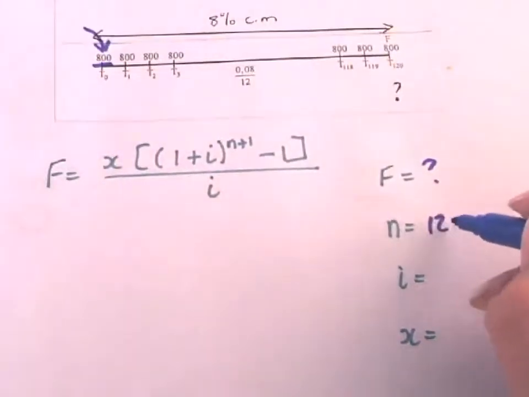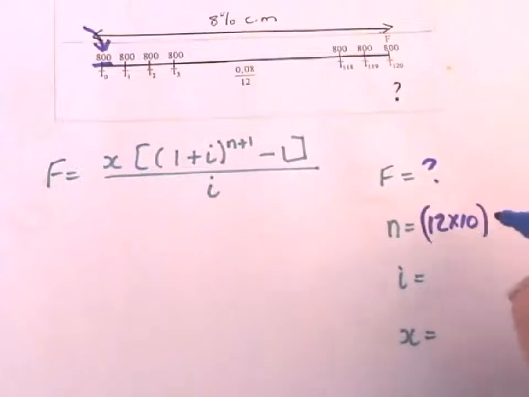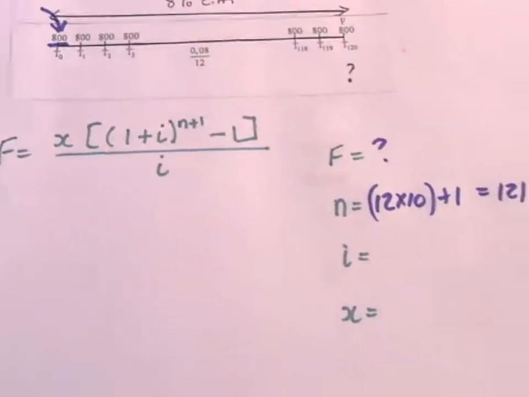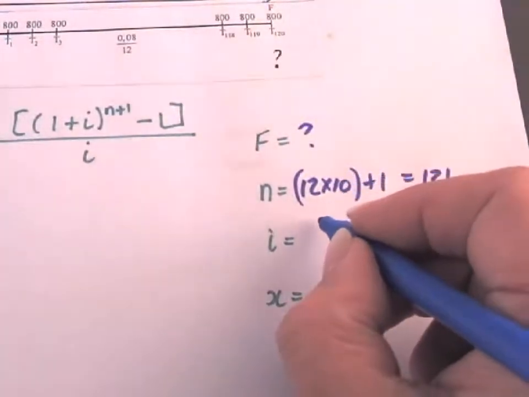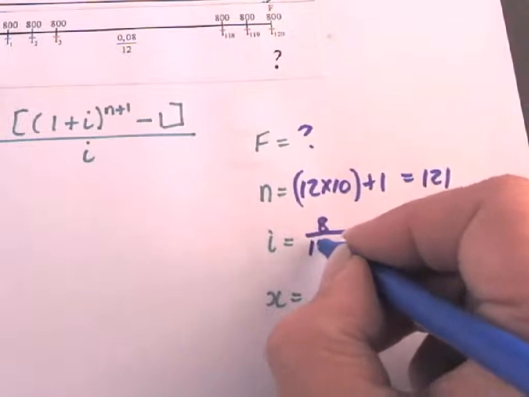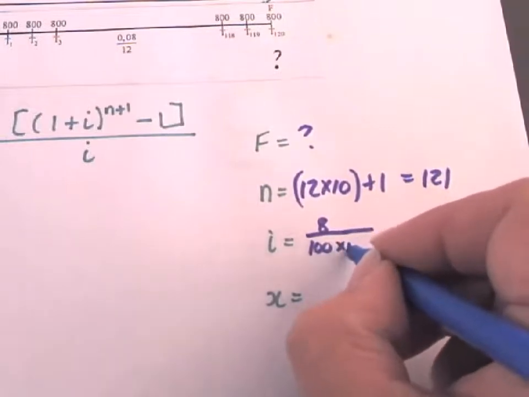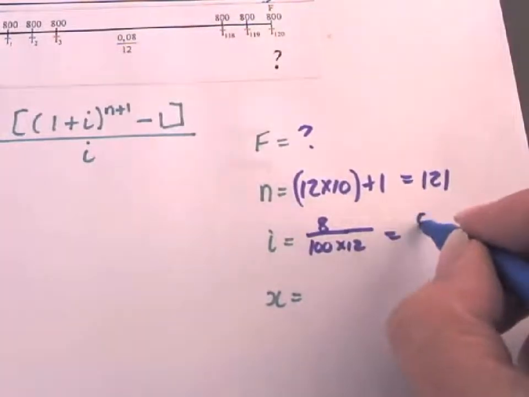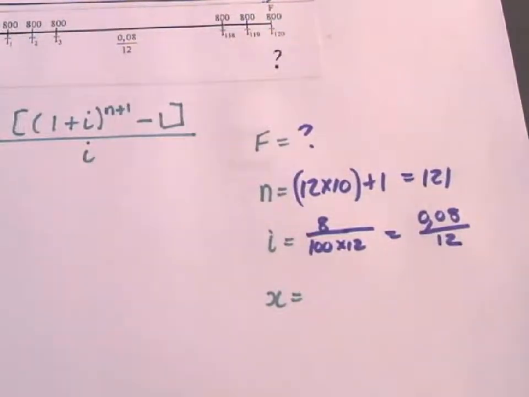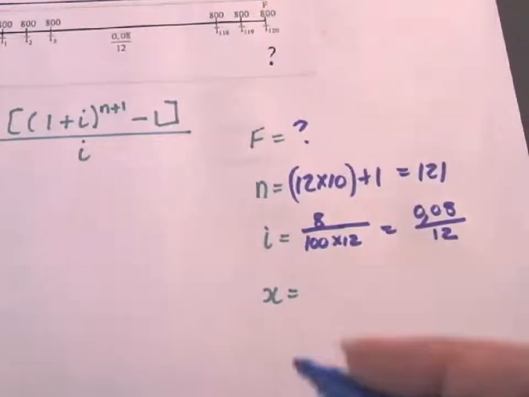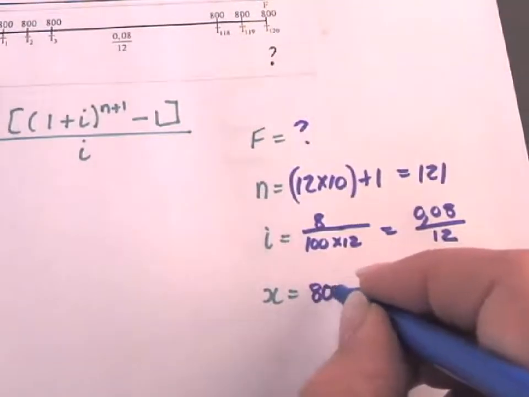So it's 12 times 10 plus 1, and that's 121. Our I is 8 over 100 times 12, and that is 0.08 over 12. X is 800 every time.